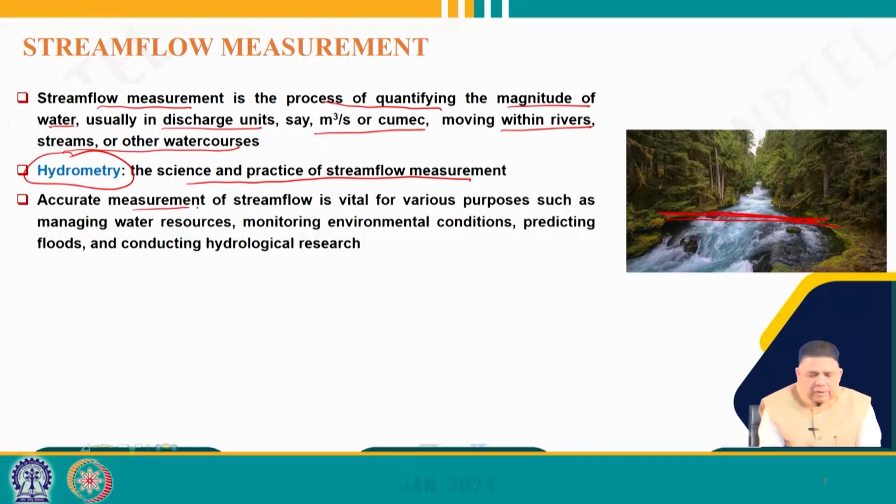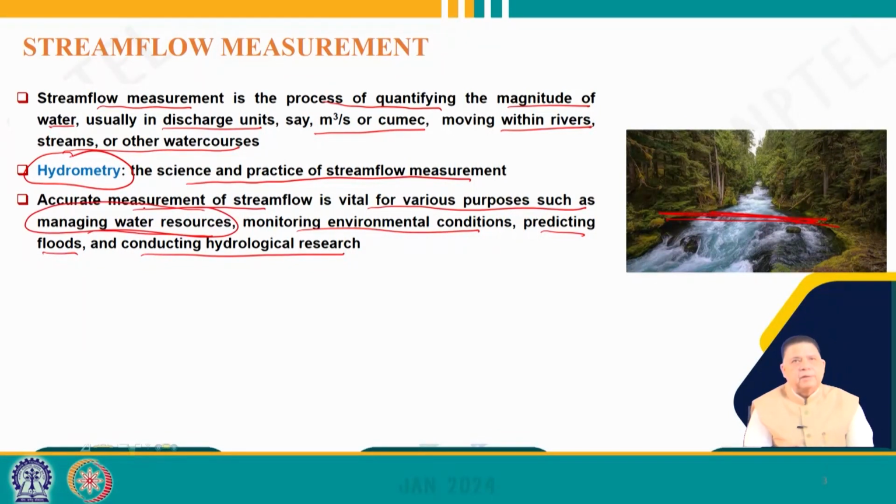The accurate measurement of streamflow is vital for various purposes such as managing water resources, monitoring environmental conditions, predicting floods and conducting hydrological research. Obviously, if you want to manage the water resources of a region, a place or a country, you must know how much water is available. And because streams and rivers carry most of the water, you have to have a good idea about how much flow is taking place in them, and that can only be known through streamflow measurement.